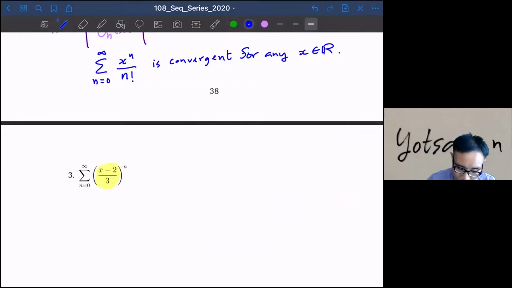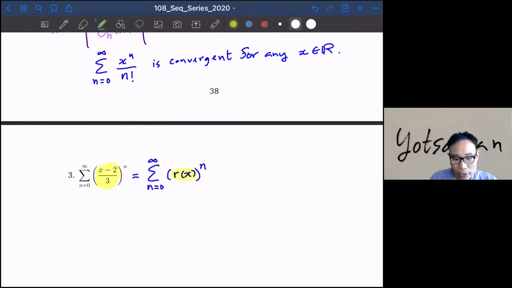So this one will be the series from n equal to 0 to infinity of r to the n. And in this case, r will depend on x. So let me put it this way. It would be better to write r(x) to the n. Okay, so this one turned out to be a geometric series.